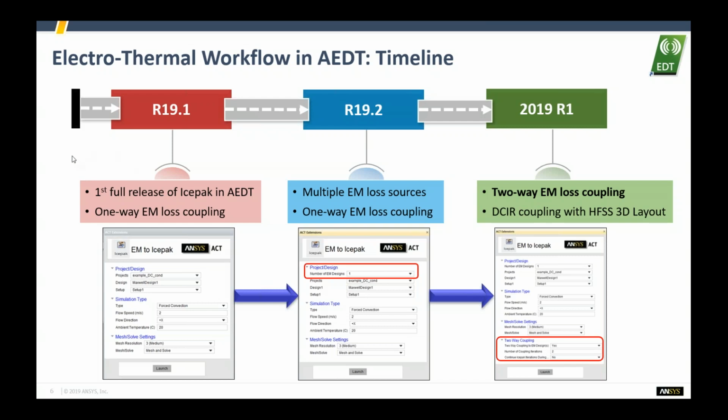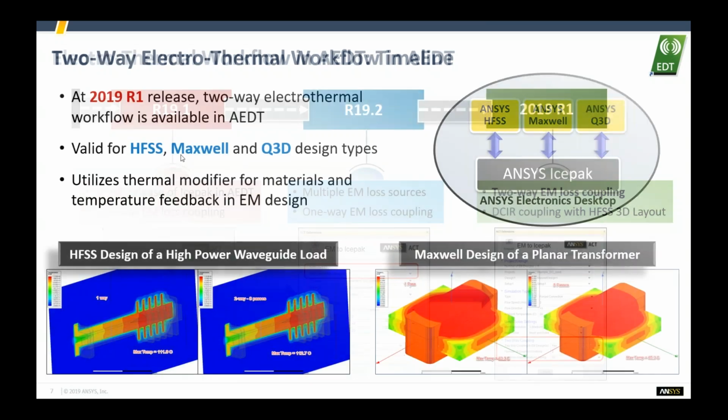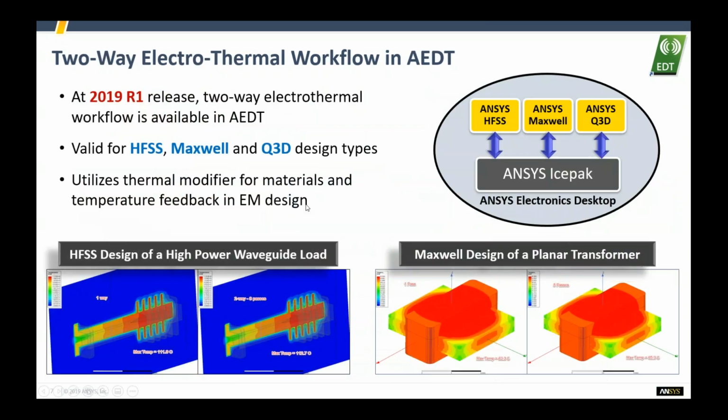Okay, so after the brief review of this history, starting at 2019 R1, which is the latest release, the two-way electrothermal workflow is now available in AEDT. It is valid for HFSS, Maxwell, and Q3D designs.